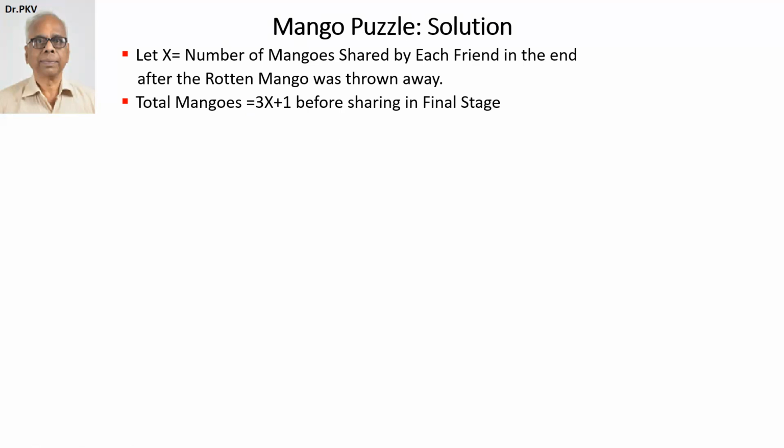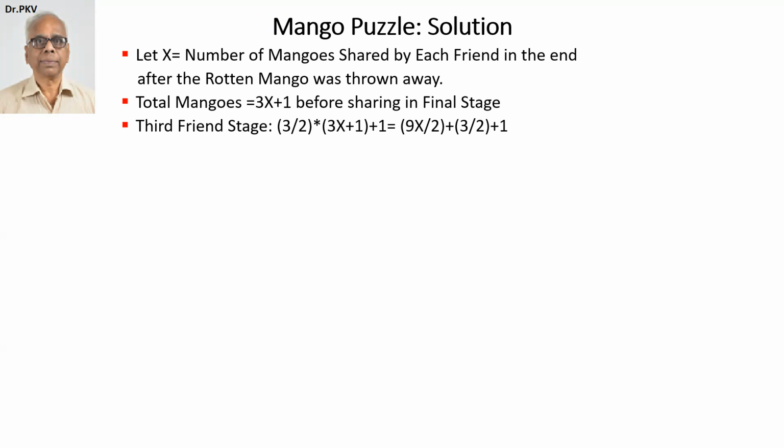Now, the previous stage to the final stage is the third friend stage. In the third friend stage, since the third friend ate one mango and then stole 1/3, the remaining mangoes must have been 2/3.